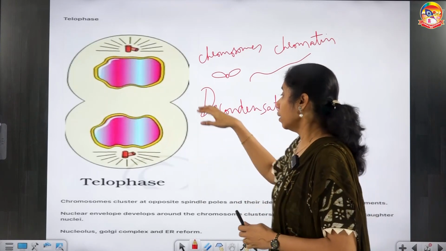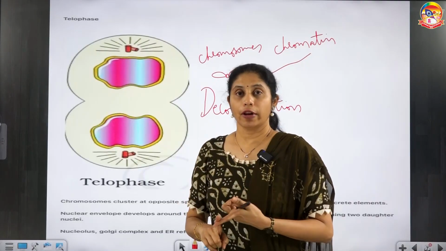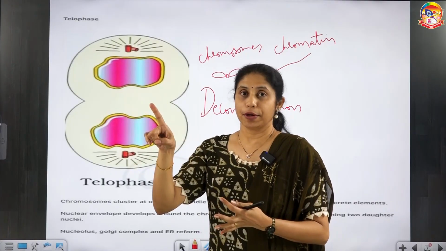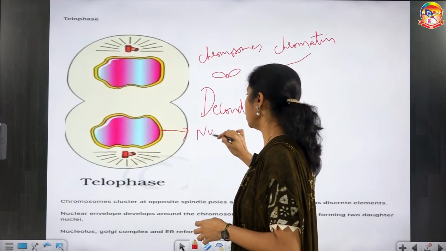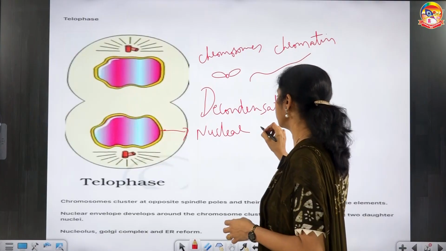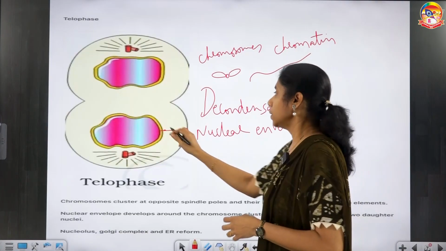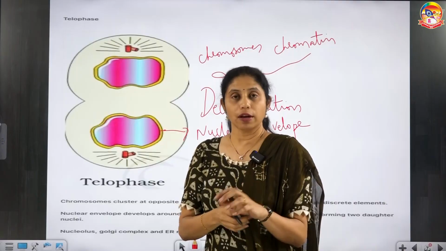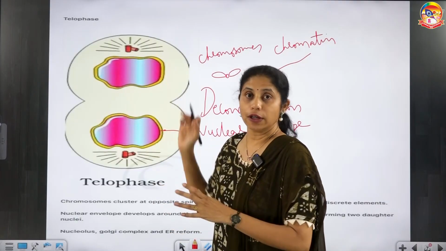In prophase, the nuclear envelope, nucleolus, Golgi complex and ER disappear. Here the nuclear envelope is getting reformed. This nuclear envelope is reformed because the chromatin material has already moved towards the opposite poles, by the end of the anaphase.